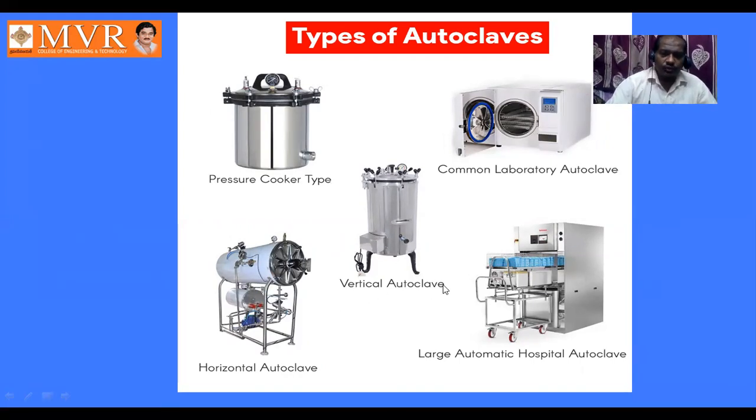In the vertical autoclave, safety caps, a pressure gauge, and a lid are there. There is a provision to keep our objects in the chamber, and a heating coil is present here. This is a vertical horizontal type. A separate tank is provided to supply water whenever needed. A pressure gauge is provided, and pipes maintain a continuous process.